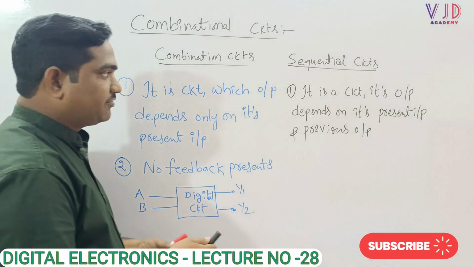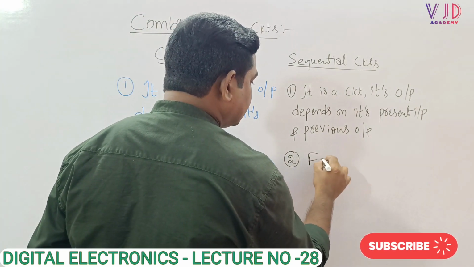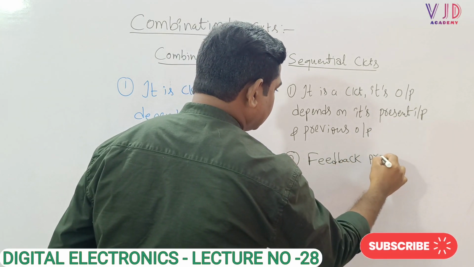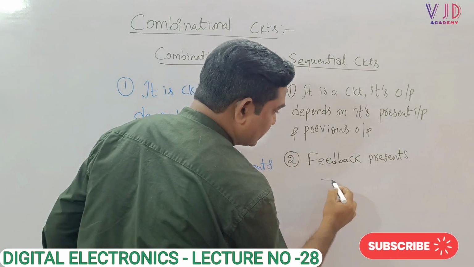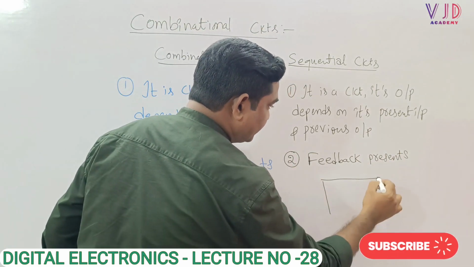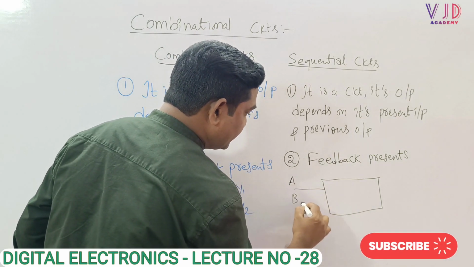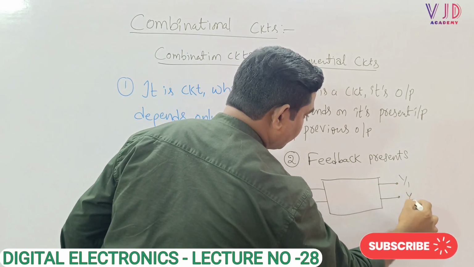Coming to the sequential circuit, the second point is feedback presence. In this particular circuit, this is the A input and this is the B input. Here the output Y1 and this is the output Y2.